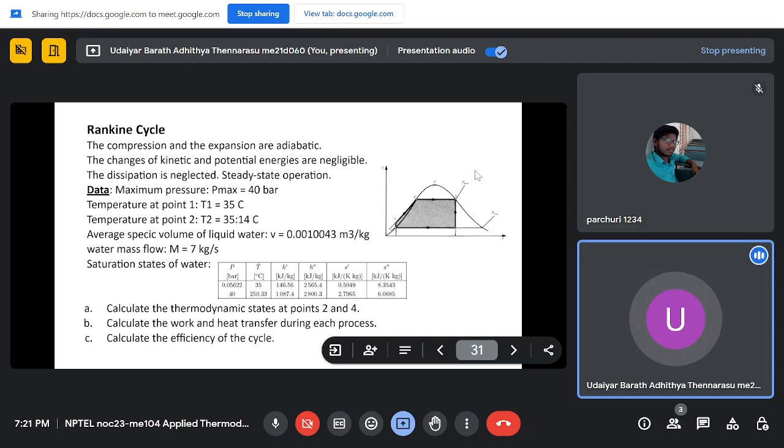And you know that the maximum pressure is at P3 and P2, that pressure is 40 bar, so that table is also given. So you know for 3 the vapor enthalpy is 2800, and 1 is the saturated liquid enthalpy h', it's 146.56. Okay, so we know 1 and 3, we need to calculate 2 and 4.